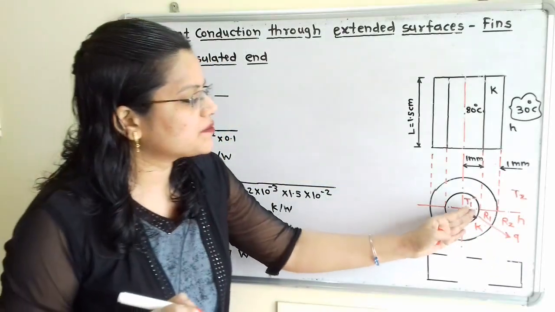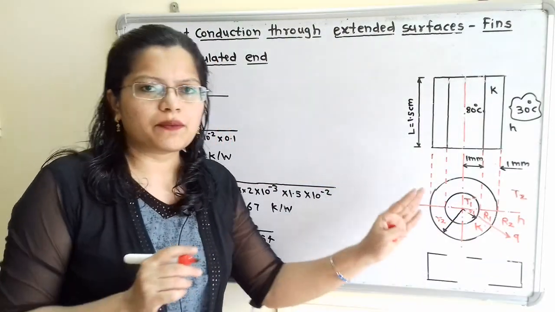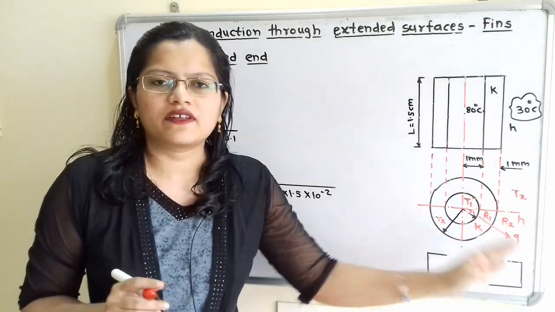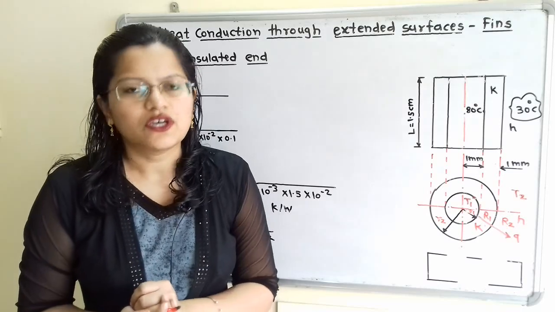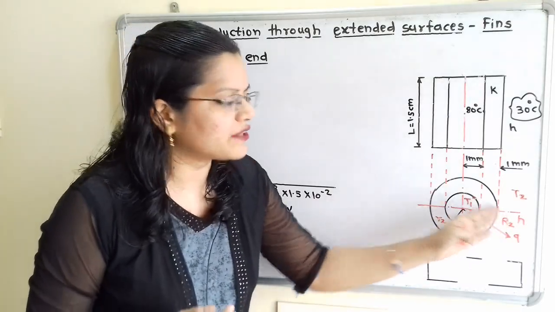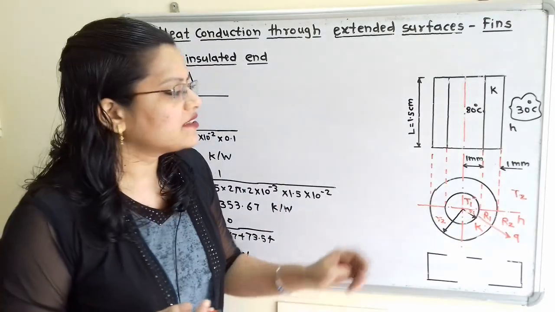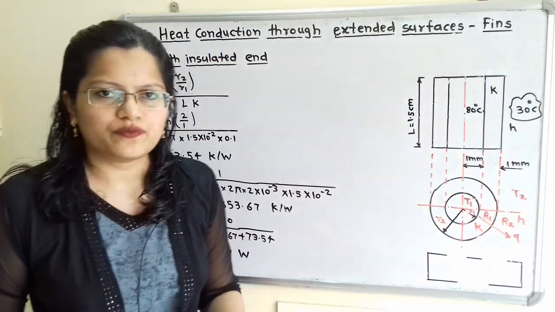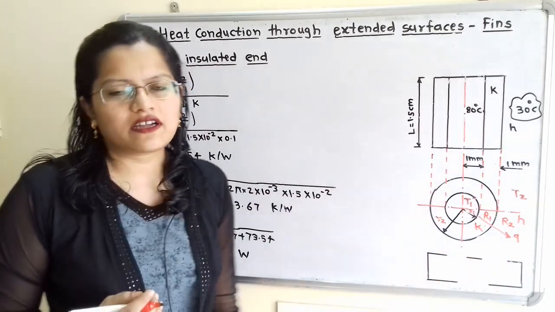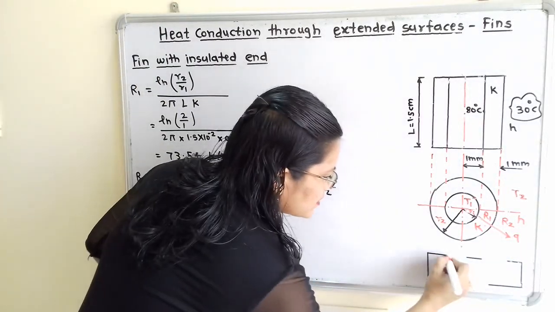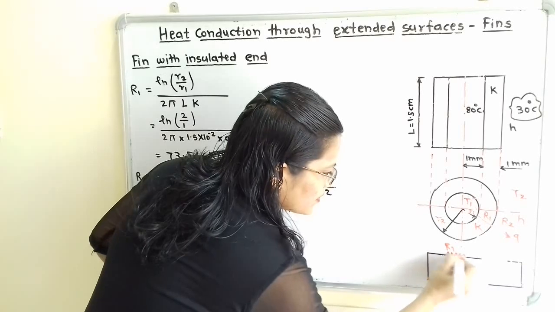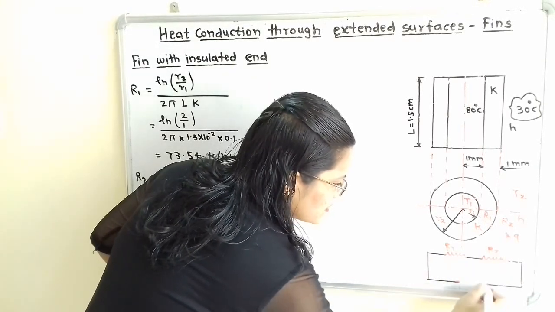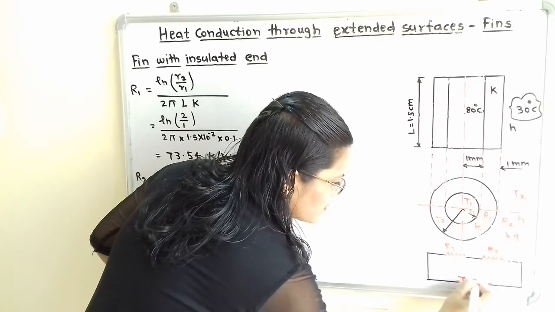Now the heat is transferred one after the other. This is the pattern of the heat transfer: first there is the conduction process and after that the convection process. So we can say that R1 and R2 are in series, and this heat transfer takes place between temperatures T1 and T2. So we will draw the electrical analogous circuit. Here is the resistance R1, then here is the resistance R2, and the temperature difference is T1 minus T2.